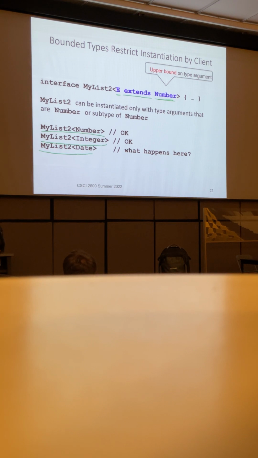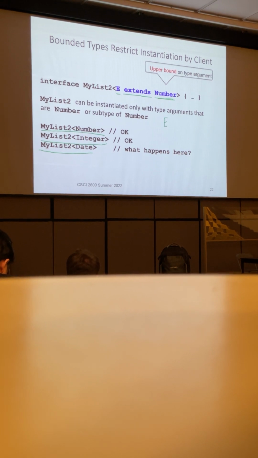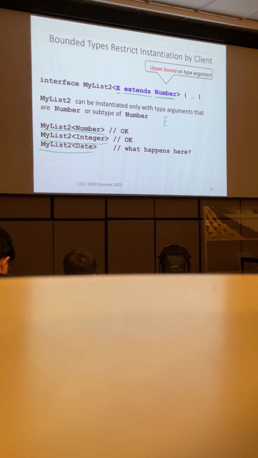All right. So what this allows you to do is, of course it's an interface, so we're not going to have any implementations there, but now imagine that you are defining a class that implements MyList2 and it has some variable key, okay? And now it has type E, but you know that E is at least a Number.